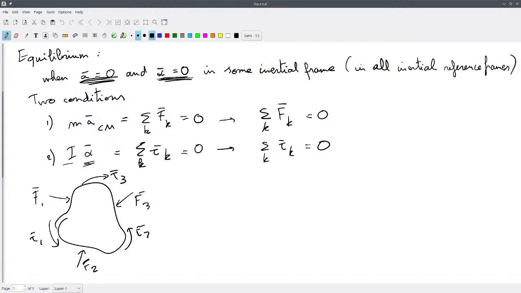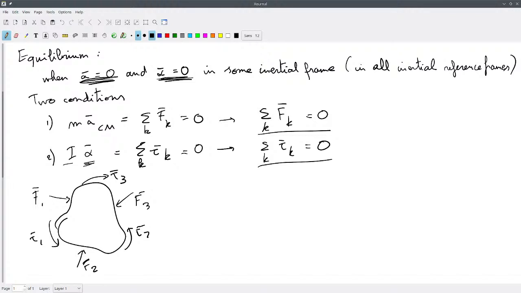So when will this be in static equilibrium? Well, when the sum of all the forces is equal to 0, and when the sum of all the torques is equal to 0. So when both of those conditions are satisfied.